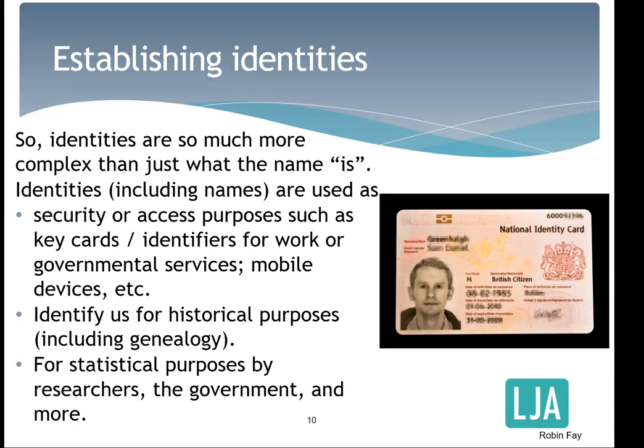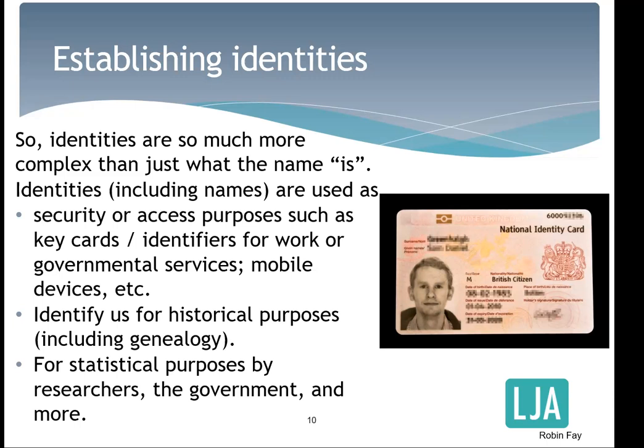Now, a lot of that biometric information hopefully is under lock and key and very carefully guarded, because it's some of the last data that is unique to us, that's not out in the wild. And of course, we look at how we identify people for historical purposes, especially when we're working with those archival materials.